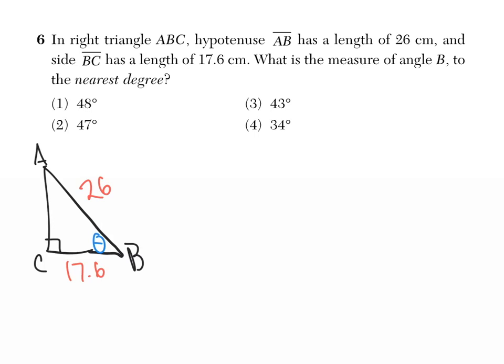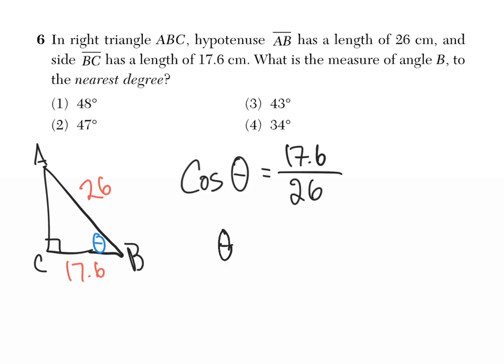So we know that cosine theta equals adjacent over hypotenuse, so it's going to be 17.6 over 26. Amazing. And because we don't know the degree, what we're going to be doing is the inverse of it.